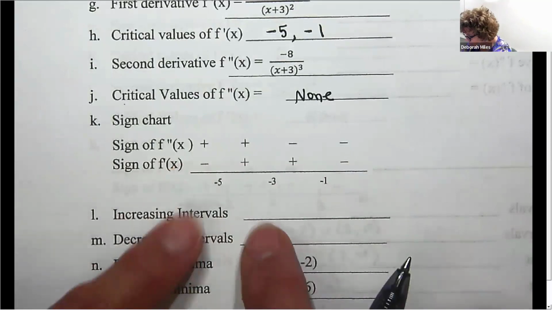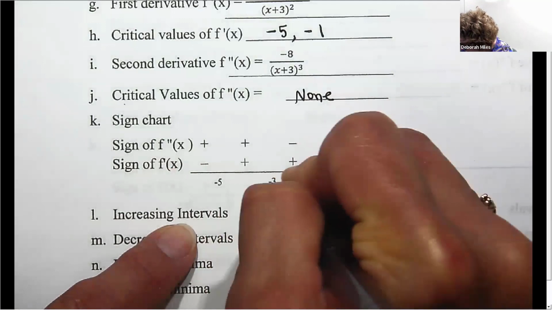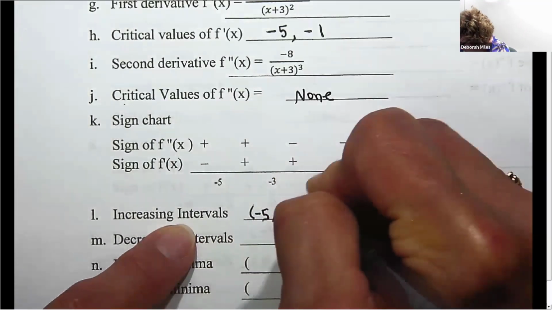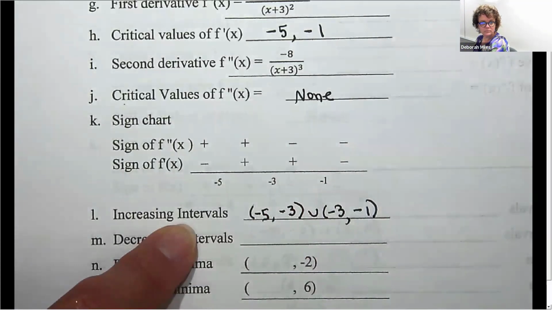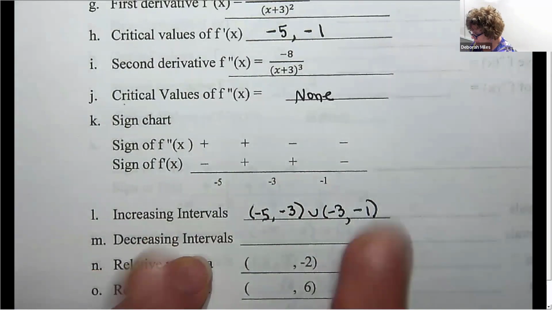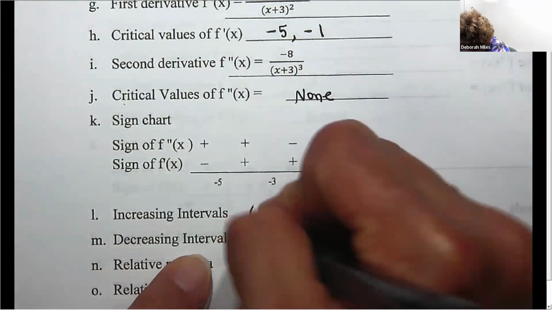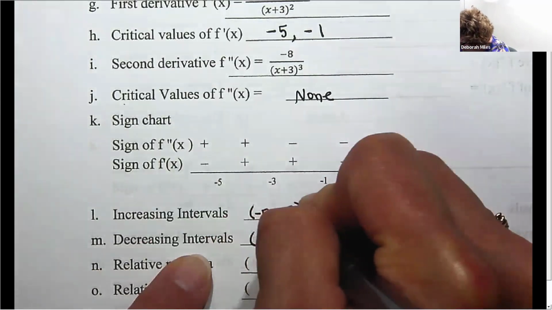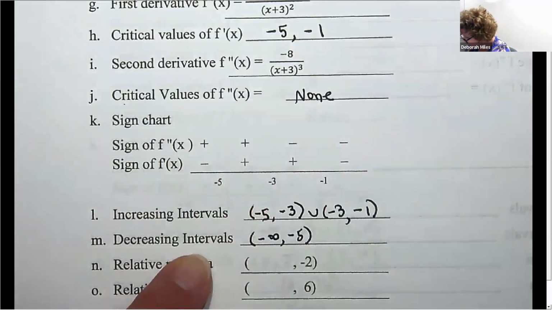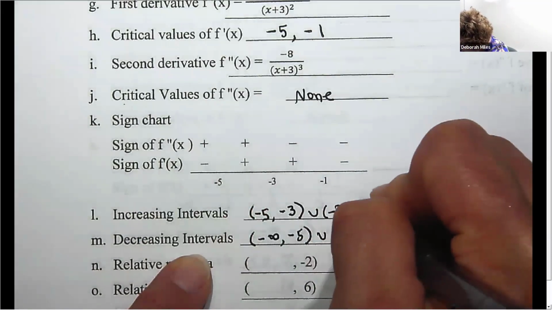I'm just going to write that interval as -5 to -3, and then from -3 to -1. Decreasing intervals are wherever the first derivative is negative, and that is from -infinity to -5, and from -1 to infinity.